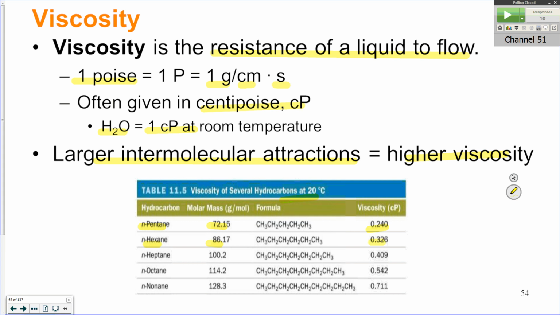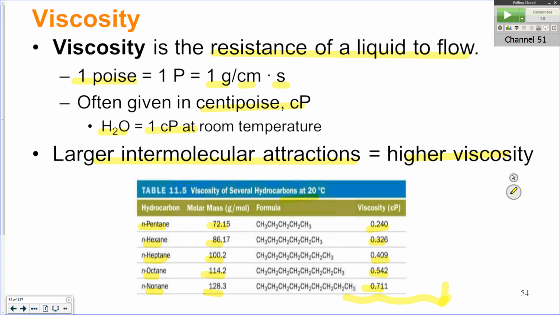It's 0.32. Heptane's 100. It's around 0.4. Octane 114, 0.54, and we just see the trend goes up and up and up. So as we make this chain longer and longer, we see a direct increase in the viscosity, to the point where things will transition from being a liquid at room temperature to being a solid at room temperature.